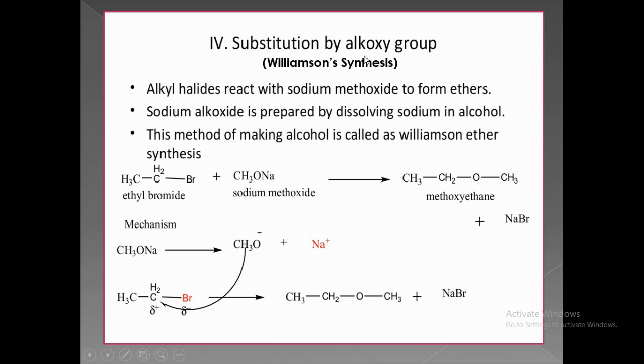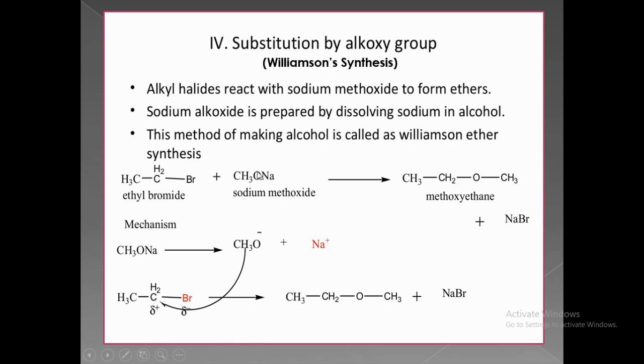Here is substitution by the alkoxy group, that is the Williamson synthesis. Here alkyl halide reacts with sodium methoxide to form ether. Sodium alkoxide is prepared by dissolving sodium in alcohol. Sodium methoxide will be prepared by dissolving sodium in methanol, and if we use ethanol, it will generate sodium ethoxide.